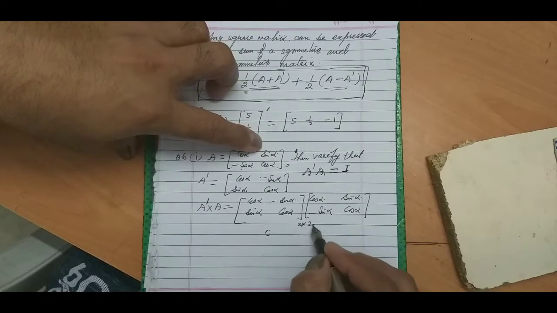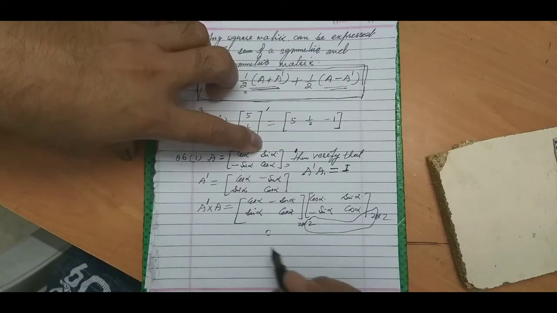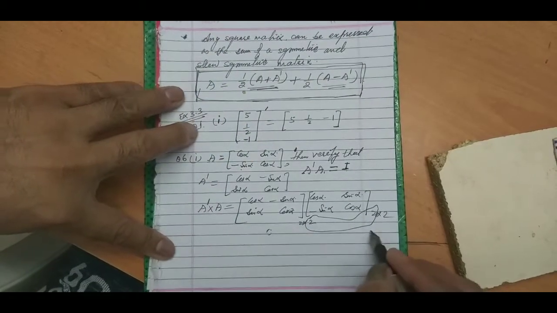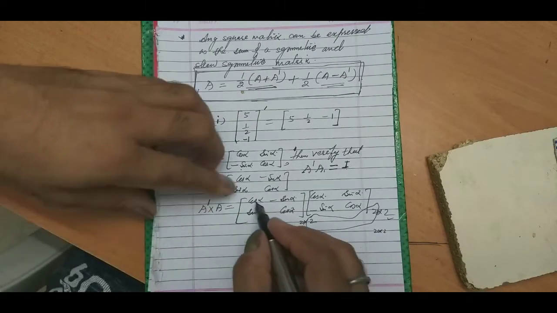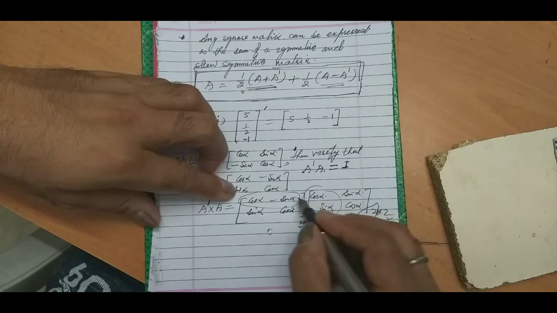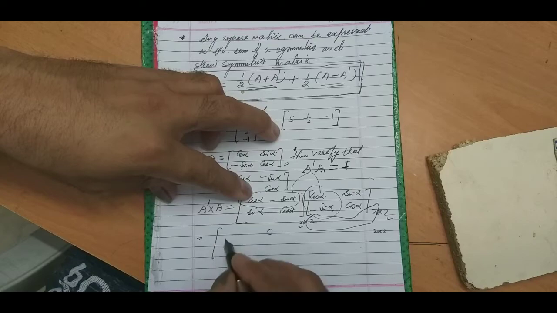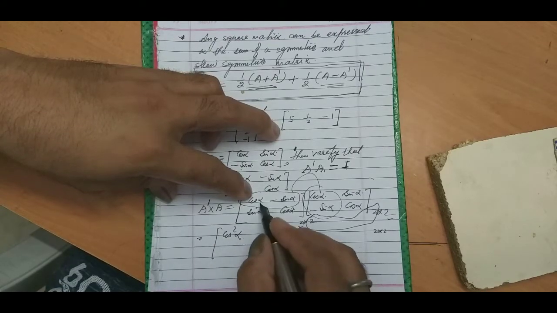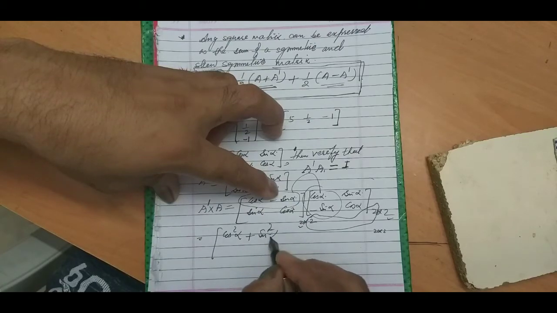So order is 2 by 2. Square matrices are so simple to multiply. So now the new matrix in new order will be 2 by 2. This and this. So first row and then first column, and then similarly cos alpha into cos alpha, cos square alpha, minus into minus plus, sin square alpha.